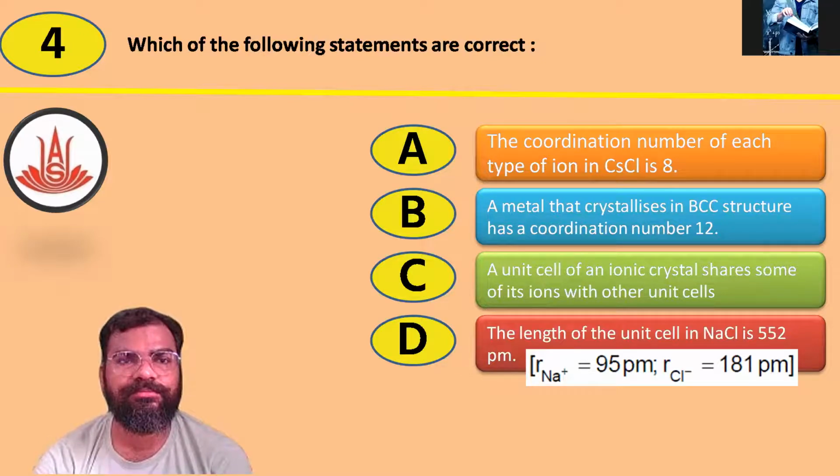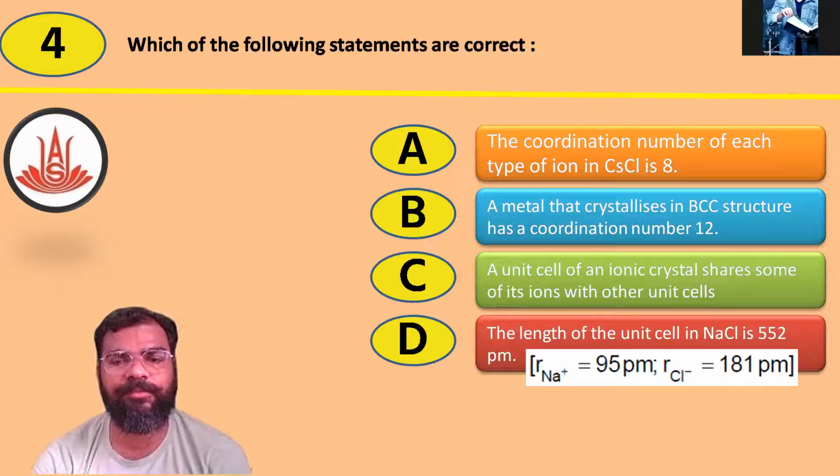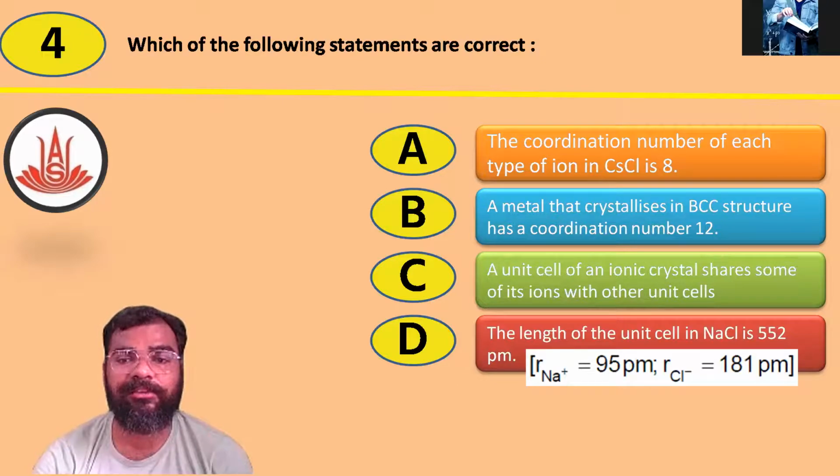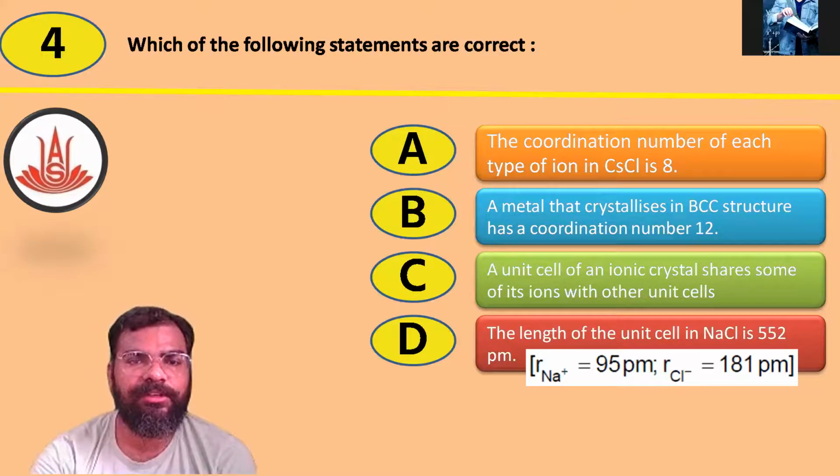Option C: a unit cell of an ionic crystal shares some of its ions with other unit cells. Whereas option D: the length of the unit cell in NaCl is 552 picometer, whereas for sodium 95 picometer and for chloride ion 181 picometer is the radius given. So we need to select the correct statement.